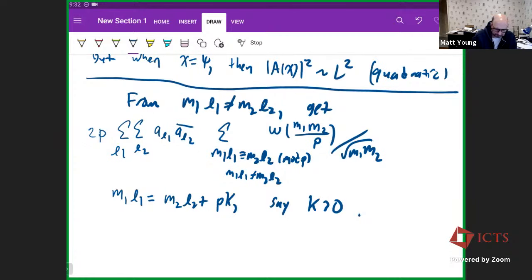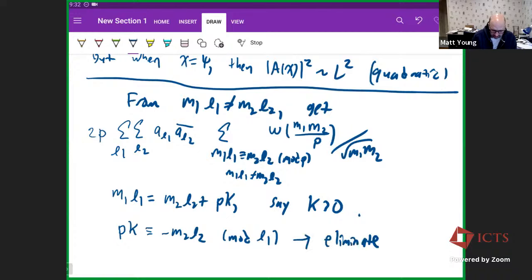So then PK is congruent to negative M2 L2 mod L1, and you can eliminate M1. Everywhere you see an M1, you can solve for it with this equality. The congruence condition you can then interpret as a congruence condition mod L1.